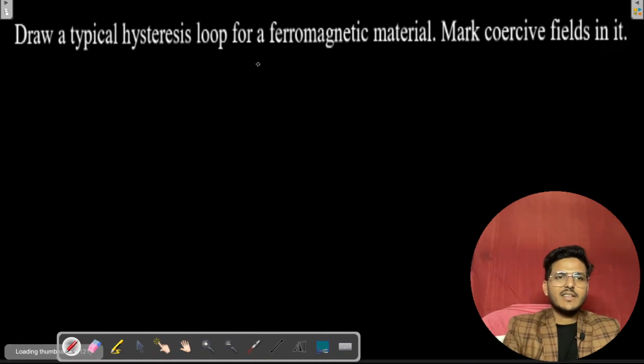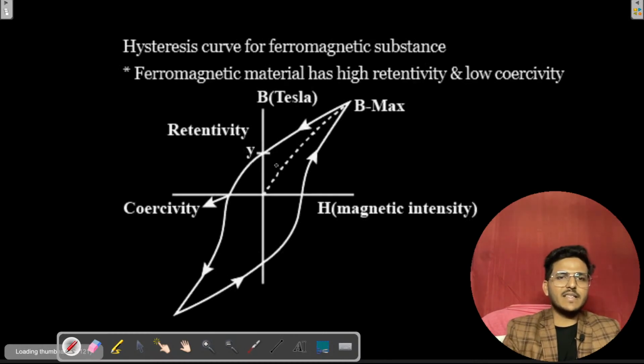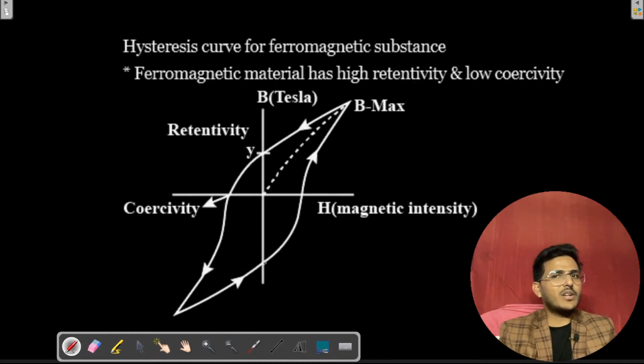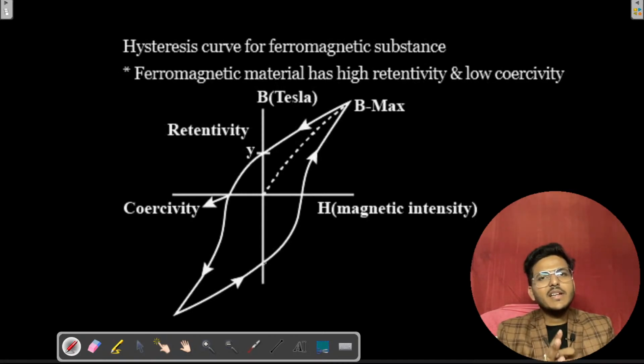Draw a typical hysteresis loop for a ferromagnetic material and mark the coercive field in it. See, this is the hysteresis loop. What does the hysteresis loop tell? It is basically the proof that magnetization and demagnetization is not a reversible process, right?